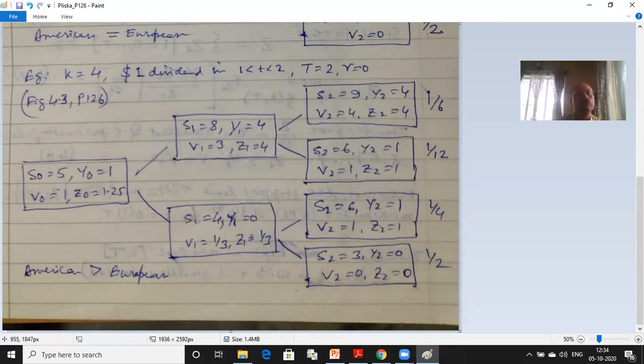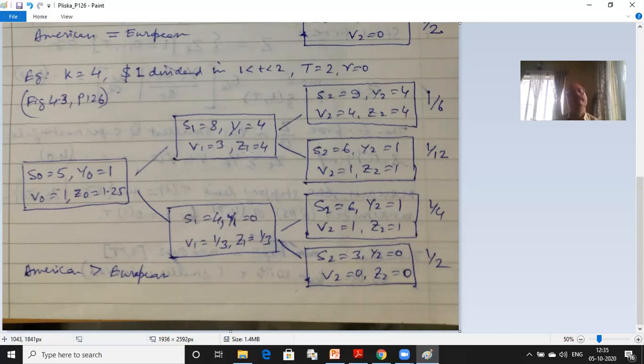Now in the upper node, time 1, the dividend is not paid yet. The stock price has gone up to 8. So the Y1 payoff is 4 units. But if you calculate the expected value of the European here, it is still 3. It is the average of 4 and 1. It is still 3.